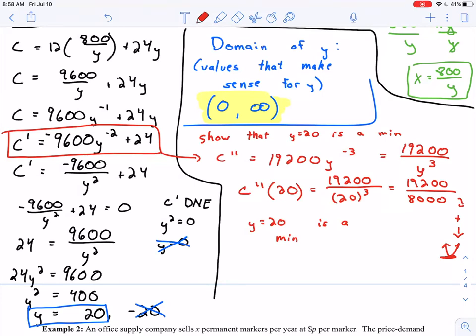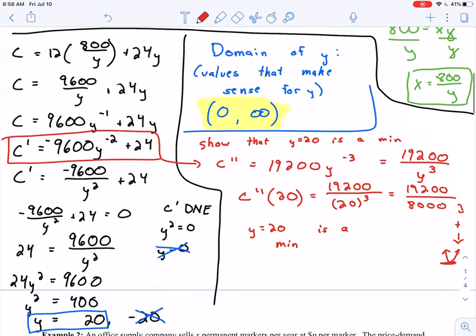So we've shown using the second derivative test, we plugged this number in, we ended up with a positive number, it's concave up, so y equals 20 has to be a minimum. It'd be really problematic for us if we wanted to minimize cost and, whoops, through some weird accident, I accidentally maximized our costs. I would probably be in big trouble in that case.